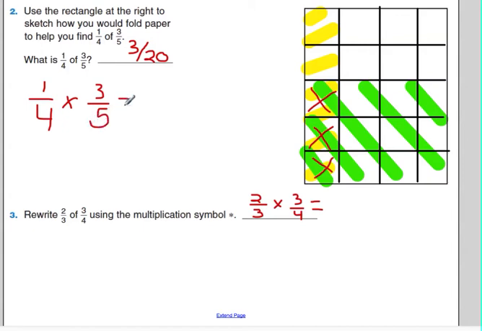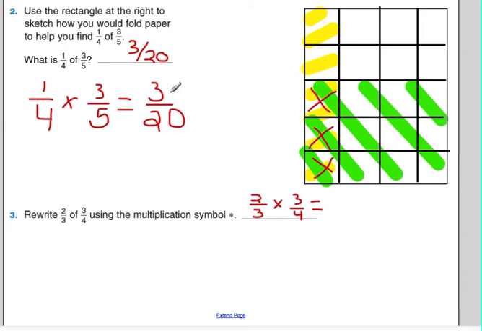Here's the really cool thing about multiplication. What is 1 times 3? 3, right? What is 4 times 5? 20, right? When we multiplied the numerators and multiplied the denominators, look what we got. The same answer as our paper folding technique showed us.